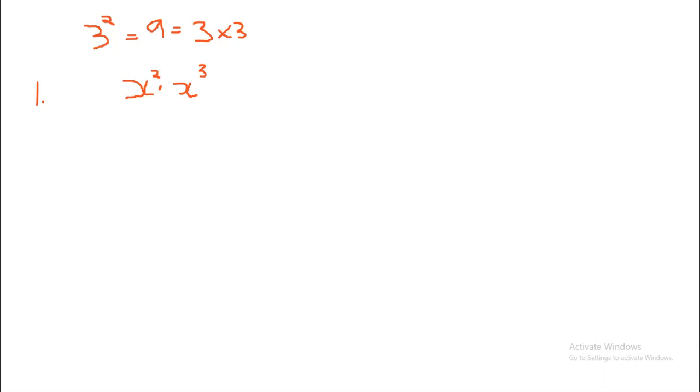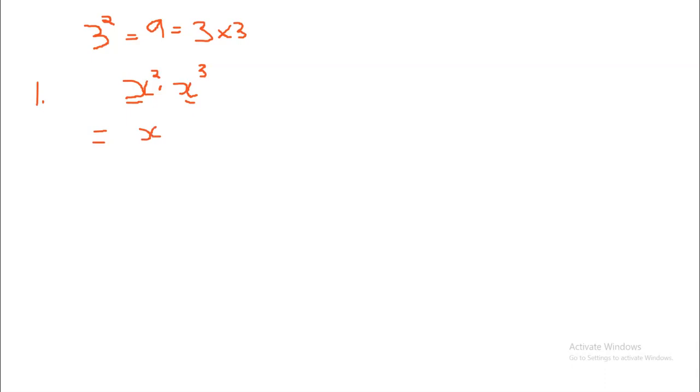So with the first rule, it states that if you are multiplying the same base, by base we mean it can be a letter or it can be a number. These two are the same base, which is x and x. So if you are multiplying the same base, you must add the exponent.